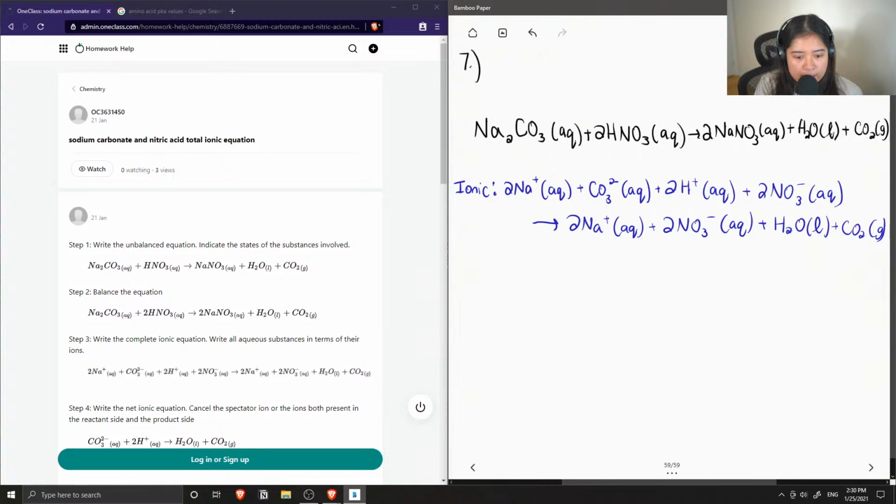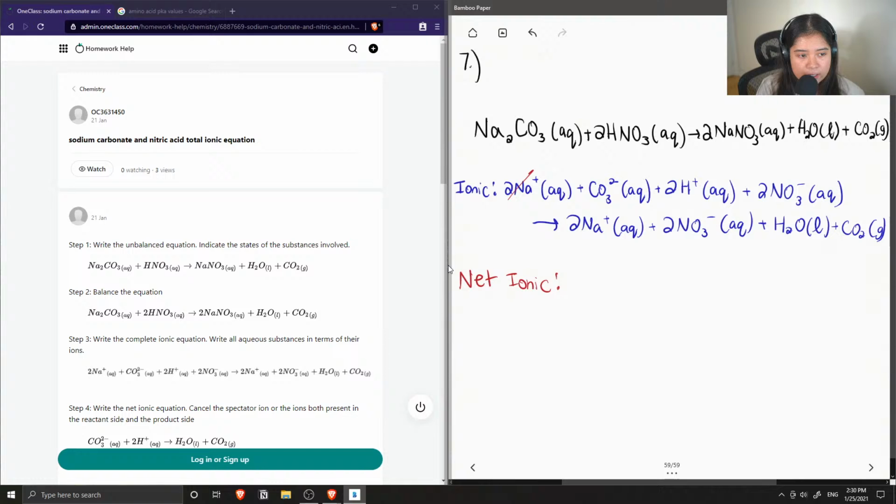Okay, so this is the ionic equation, and now we need to write out the net ionic equation. The net ionic equation doesn't contain any spectator ions. Spectator ions are found on both the reactants and the product side.